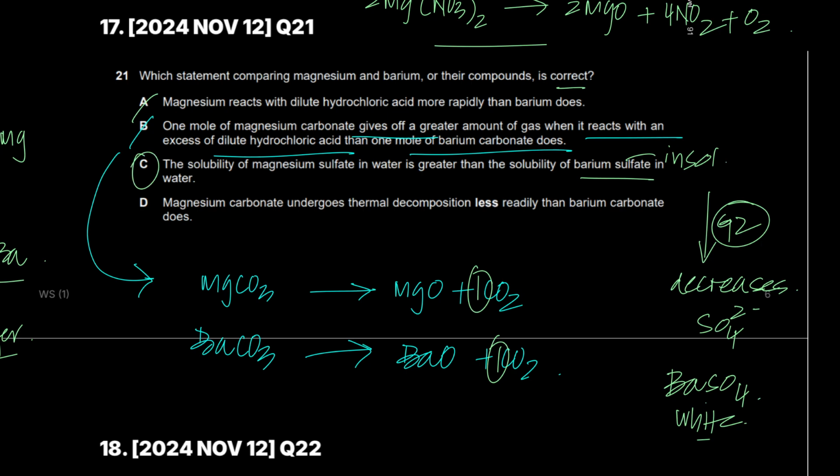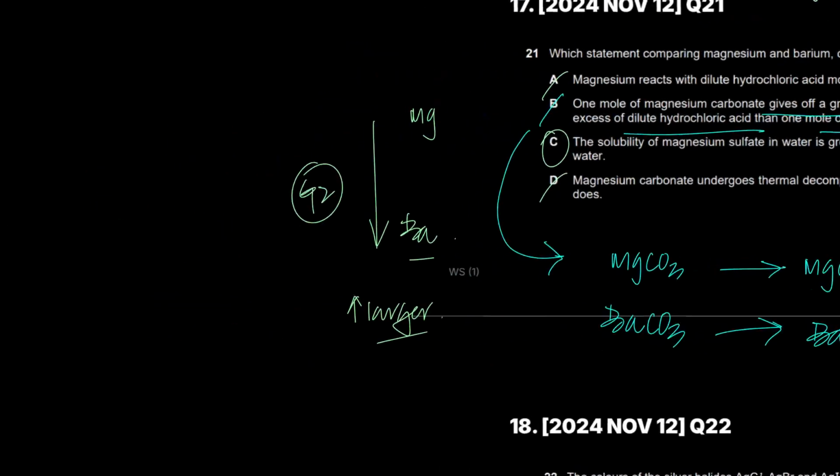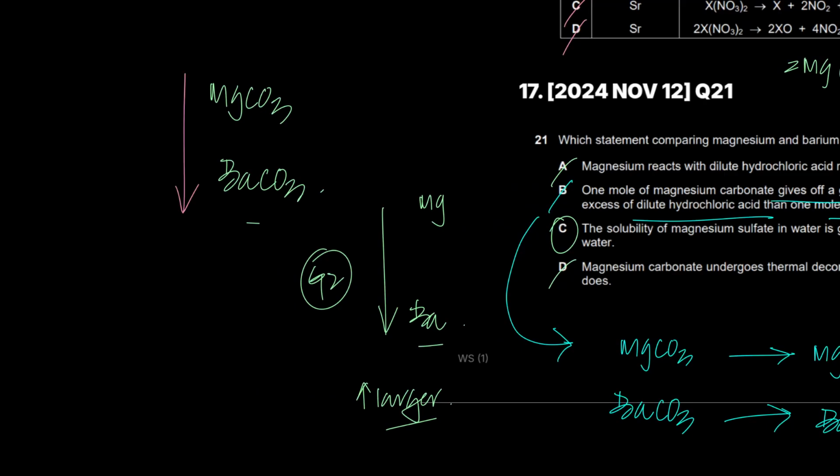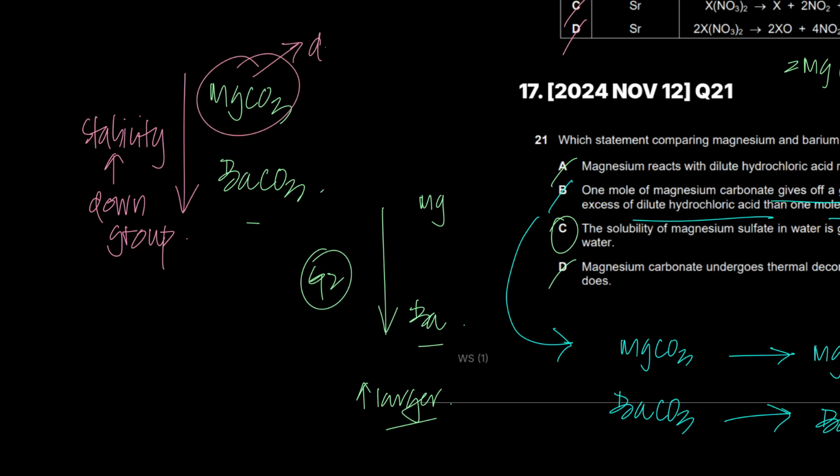And it says magnesium carbonate undergoes thermal decomposition less readily than barium carbonate does. This is incorrect. Why? Because if you look at magnesium carbonate and barium carbonate, their thermal stability increases down the group. And if stability increases, you can easily decompose this one, magnesium carbonate, because it is less stable thermally.